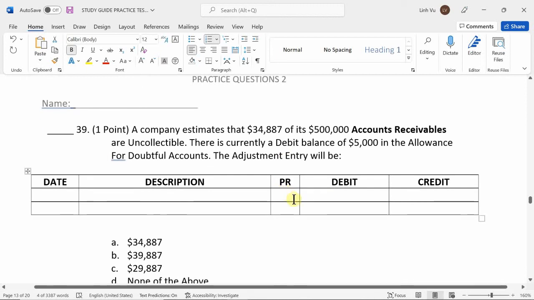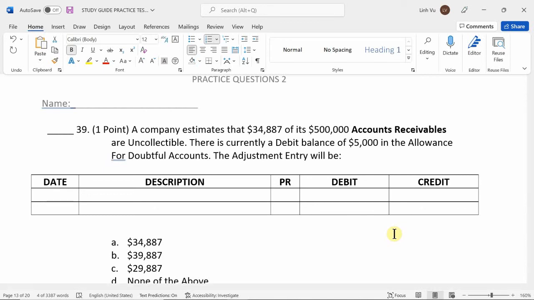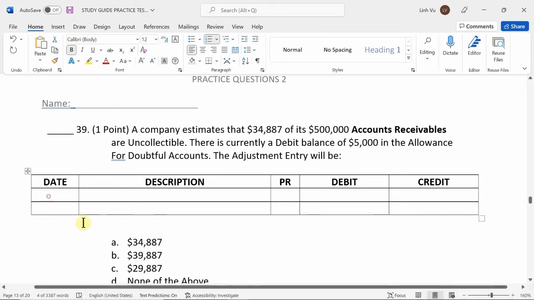So number 39, if a company estimates that $34,887 out of a $500,000 accounts receivable is to be uncollectible, and there's currently a debit balance of $5,000 in the allowance for doubtful accounts, the adjustment entry will be... Okay, it's the balance sheet method.